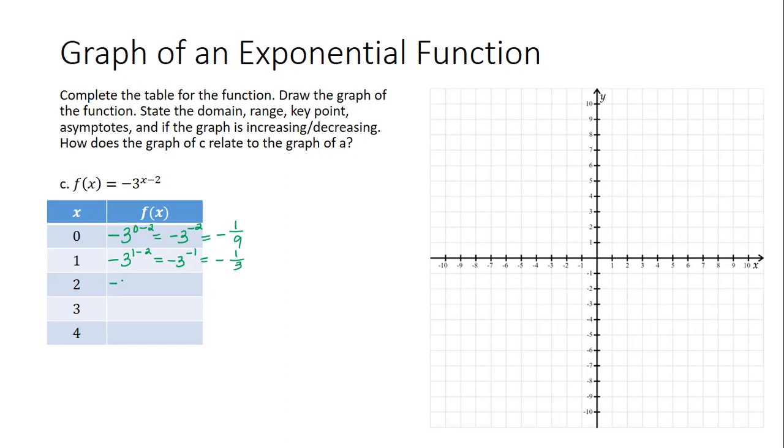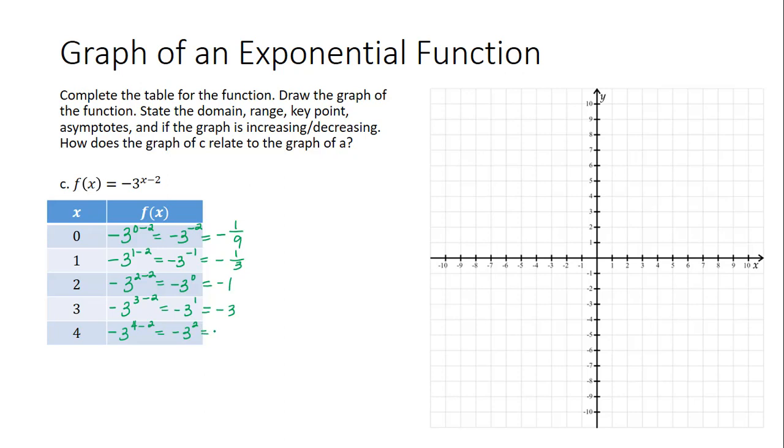Plugging in 2, negative 3 to the 2 minus 2 is negative 3 to the 0, or negative 1. Plugging in 3, negative 3 to the 3 minus 2 is negative 3 to the 1, or negative 3. And then we plug in 4 to get negative 3 to the 4 minus 2, which is negative 3 squared, or negative 9.